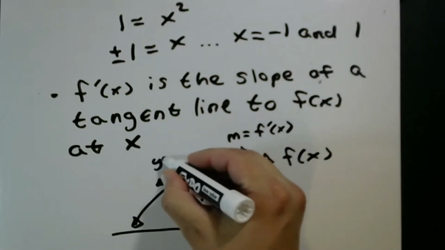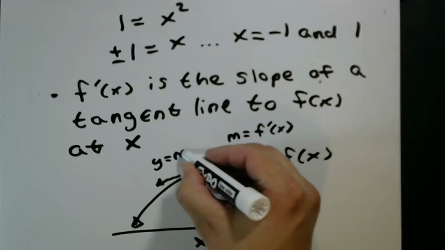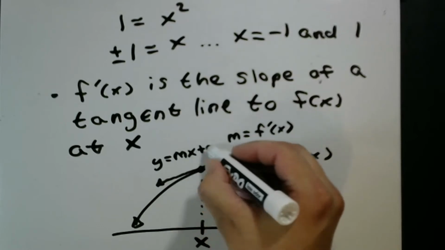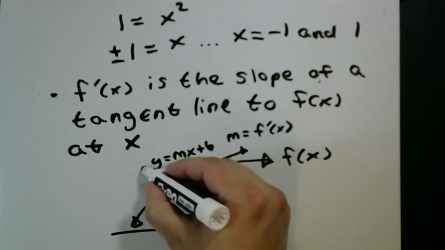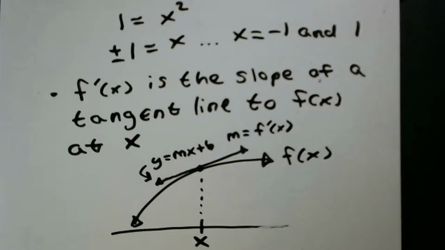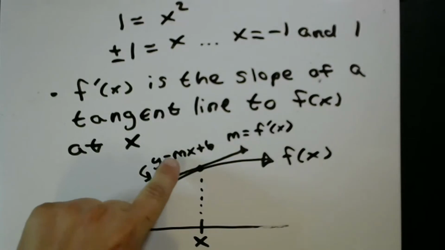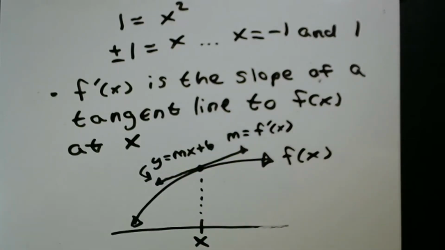So if this tangent line has an equation, y equals mx plus b, the slope of this tangent line will be the derivative of f of x.